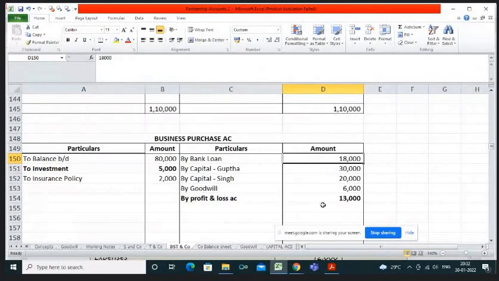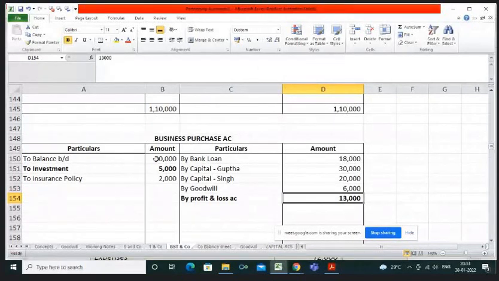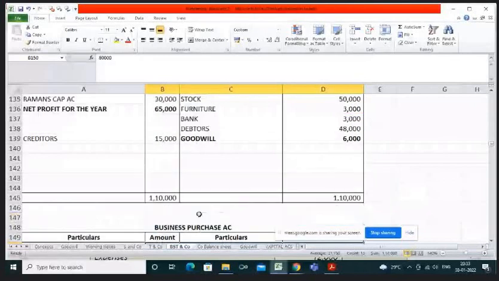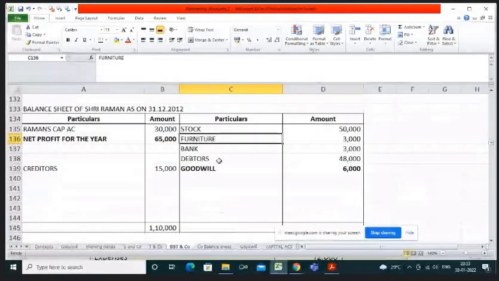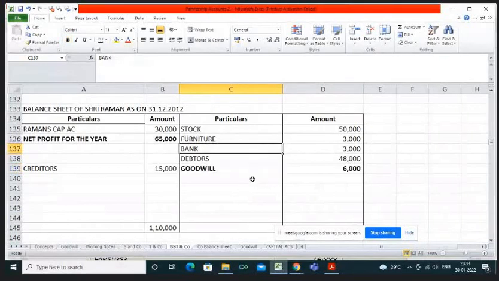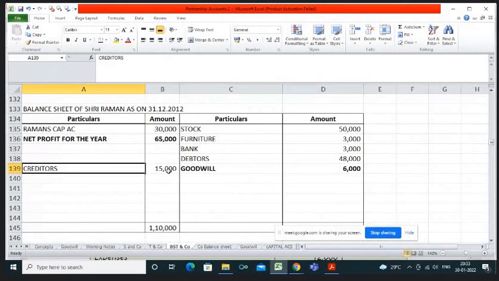And goodwill also would have been computed at that time itself, and profit and loss account also would have been prepared at that time itself, and this business purchase account would have been closed by that time itself. So only the remaining assets, what are the remaining assets? Stock, furniture, debtors and goodwill will be there. Bank account is a new account which is started after the proprietor has purchased the business. That will be there. And the liabilities taken over will be there.